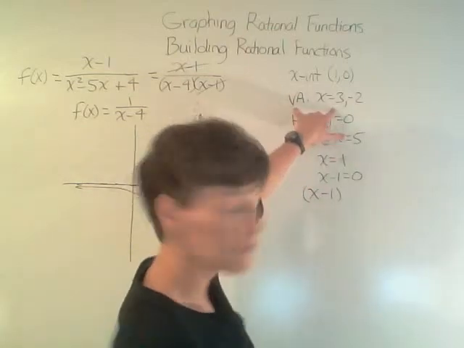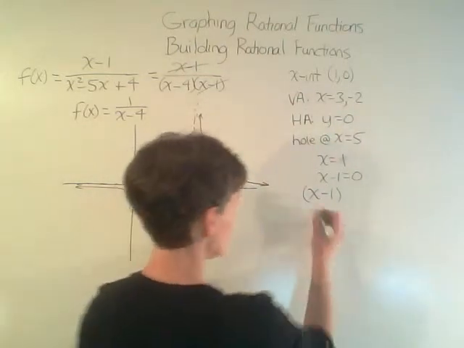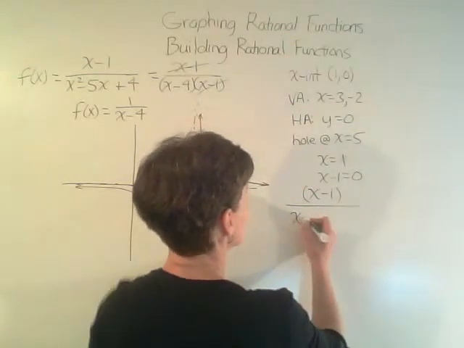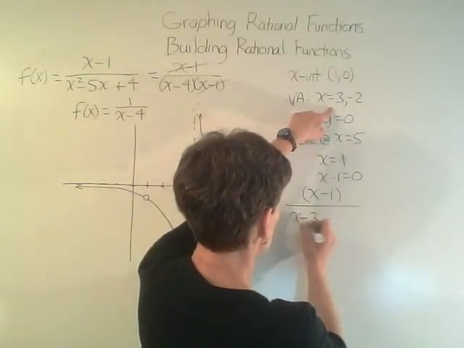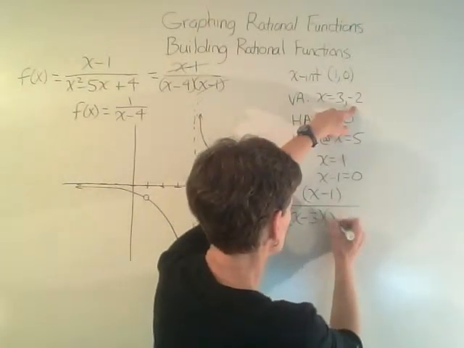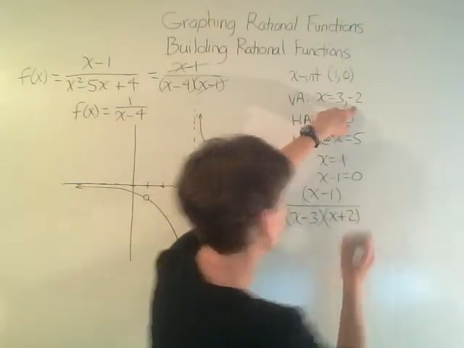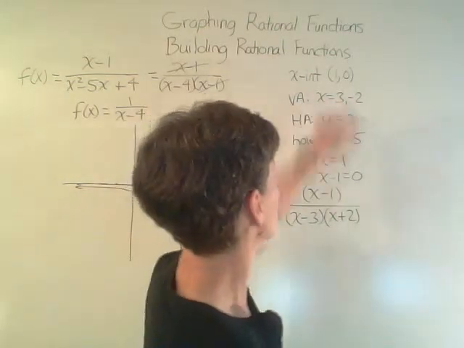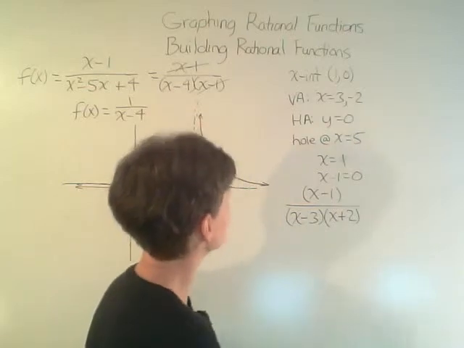Now my vertical asymptotes come from my denominator, where the denominator equals 0. So I have two of those. I have x equals 3, so that came from the factor x minus 3, and I have x equals negative 2, which would have come from the factor x plus 2. So I have to have these factors in my denominator to come up with those two vertical asymptotes.